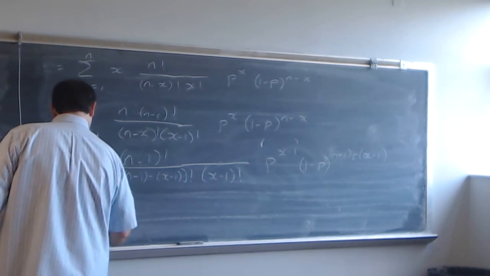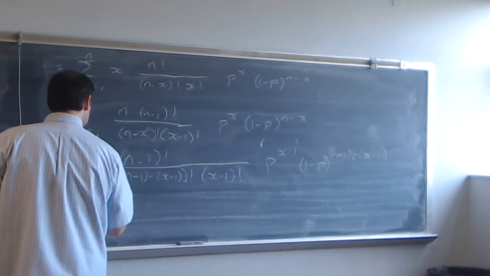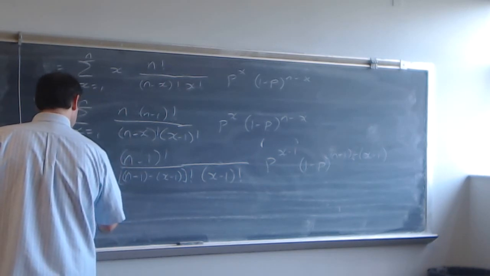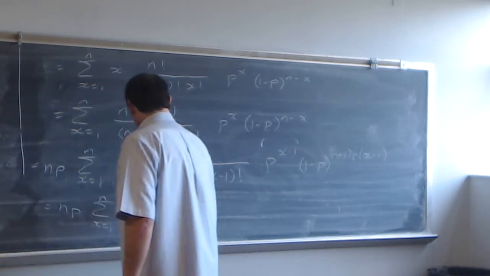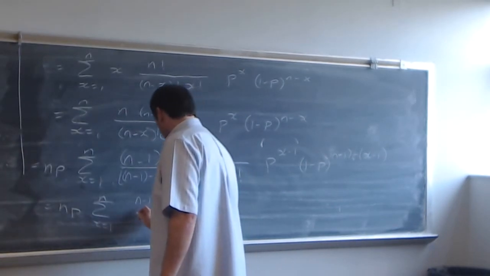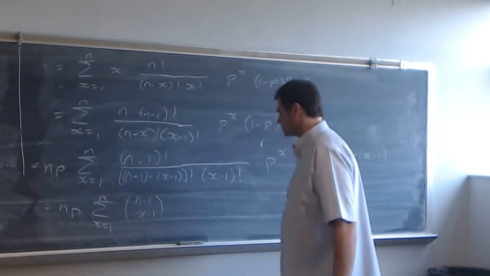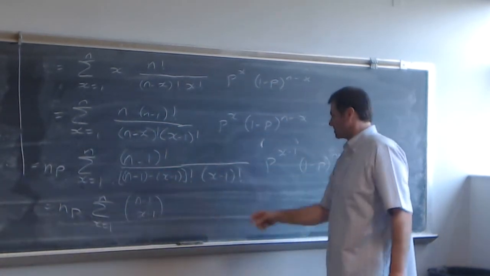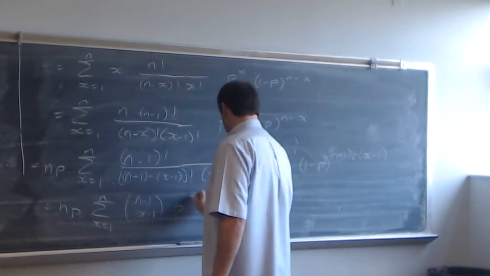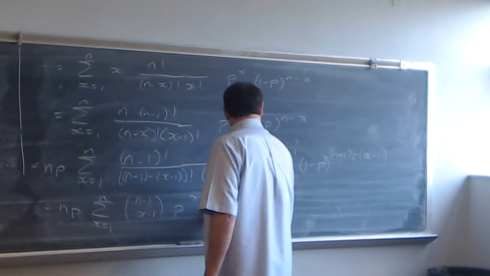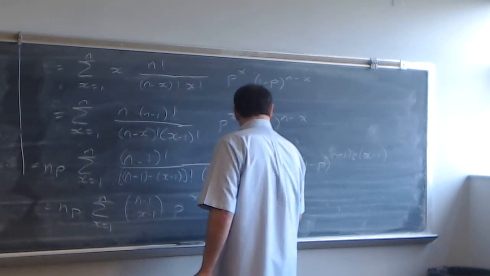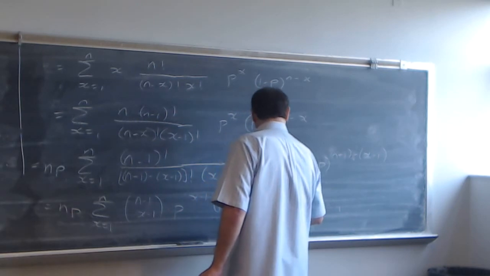Right, in that form, because now we say this is equal to n times p, times the sum as x runs from 1 to n. Here, this would be n minus 1 choose x minus 1. That's what this big fraction is. And then p to the x minus 1, 1 minus p to the n minus 1 minus the quantity x minus 1.